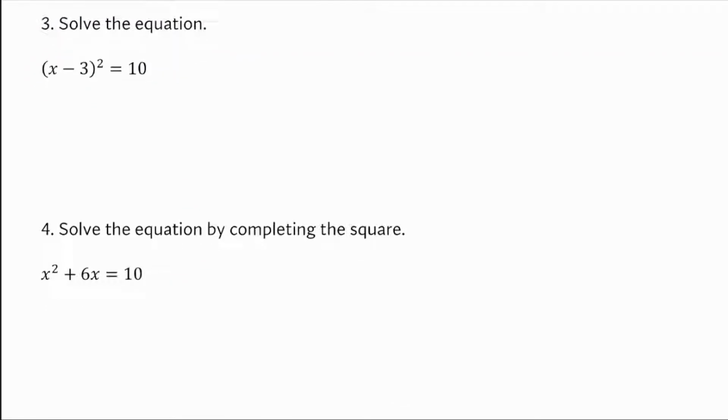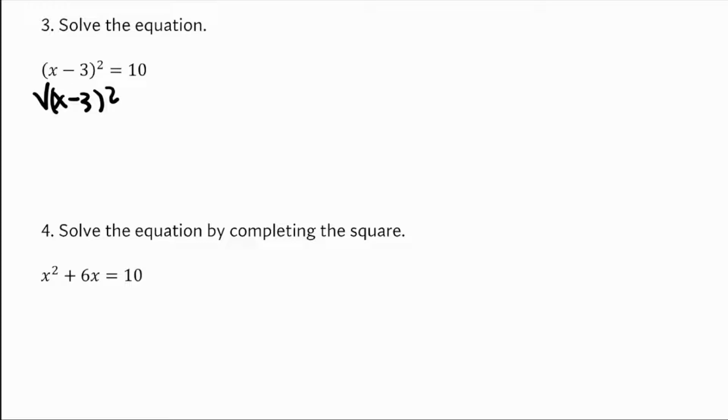In this next one, if we've just got something squared equals 10, we're going to take the square root of both sides of the equation. So the square root of x minus 3 squared is going to be the square root of 10. And the square root of something squared, that's its absolute value. So the absolute value of x minus 3 is equal to the square root of 10.